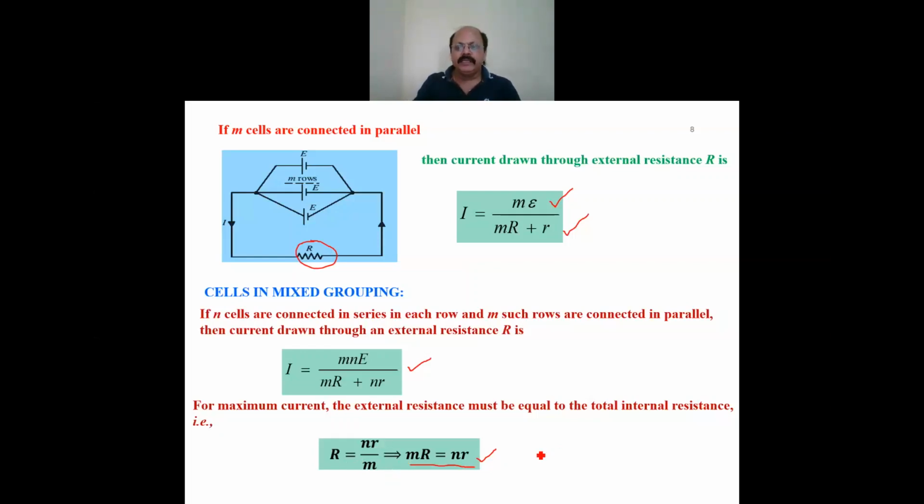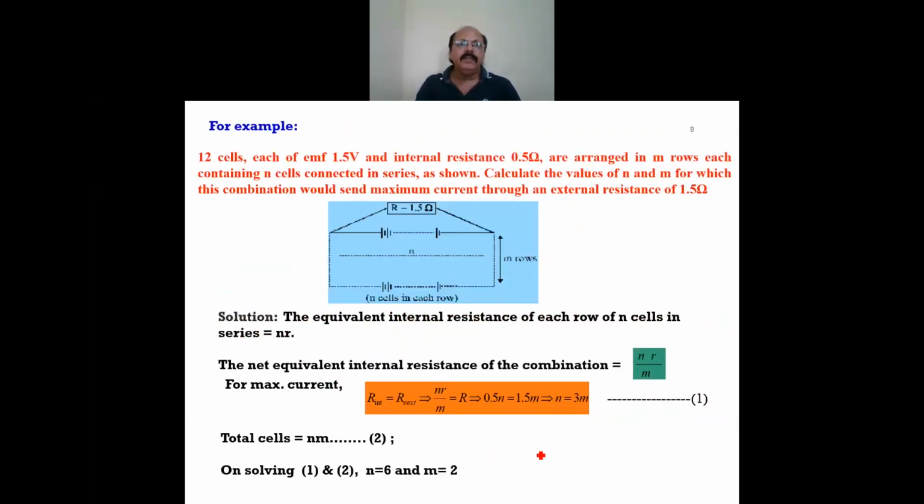Let us take one example so that you can understand. Here, one example I take: 12 cells, each of EMF 1.5 volt and internal resistance 0.5 ohm are arranged in m rows, each containing n cells connected in series.